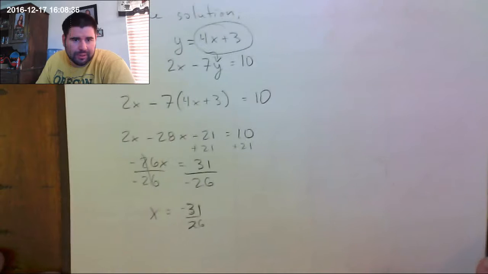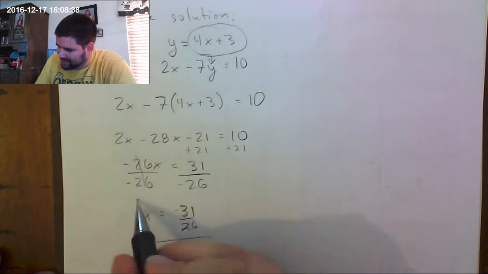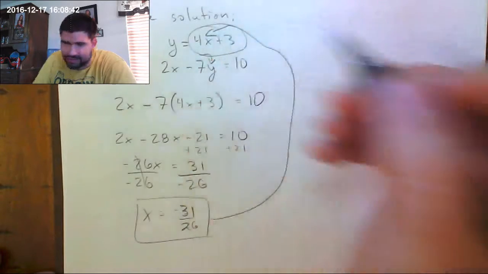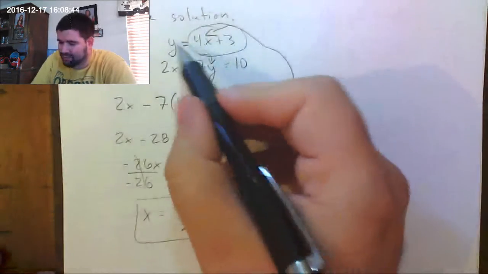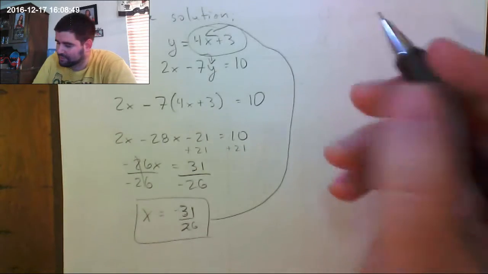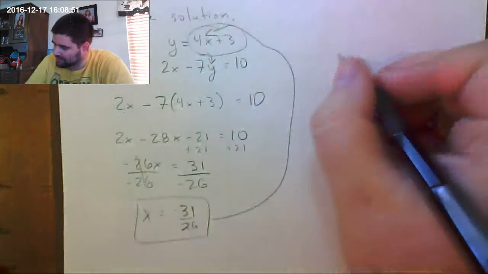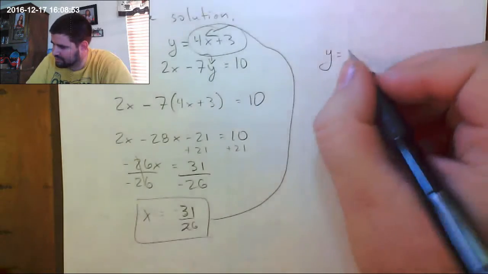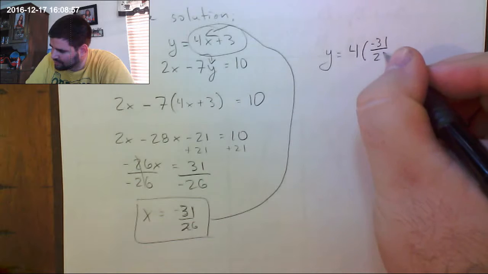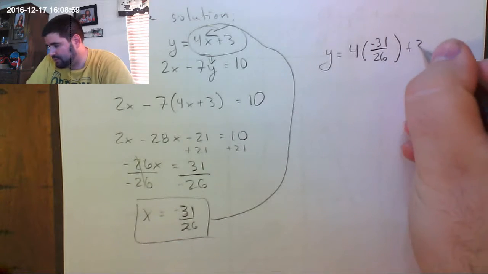So here we go. Now what I do is I take this guy and I plug it all the way back up here into this x, and then I can solve for y by itself. So that's what I'm going to do. You would get this: y is equal to 4 times negative 31 over 26 plus 3.